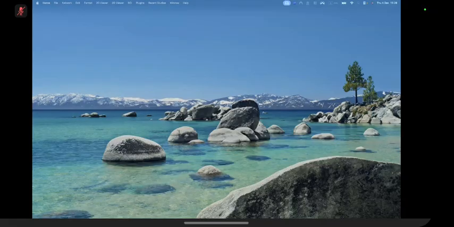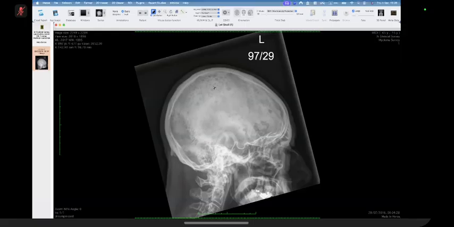You picked up this case, okay? The reason I asked whether this could be hyperparathyroidism is because it's less likely to be hyperparathyroidism. Typically, in hyperparathyroidism you get multiple lucencies, but these are all pretty much the same size.